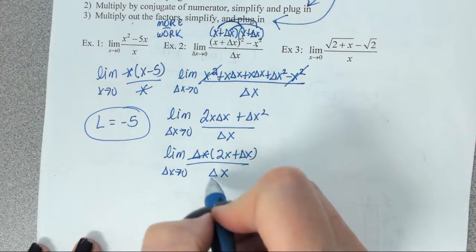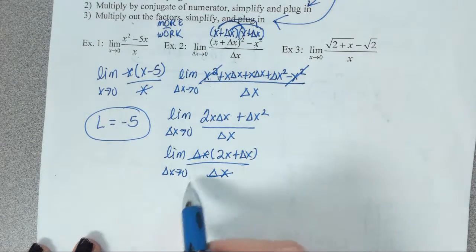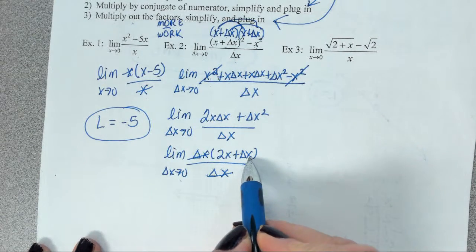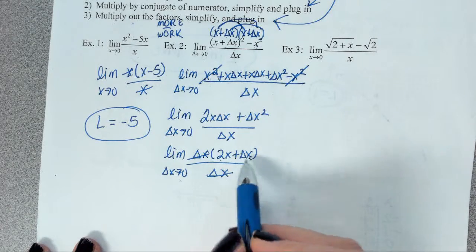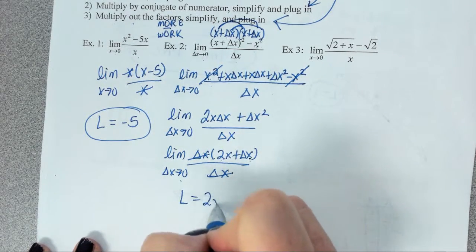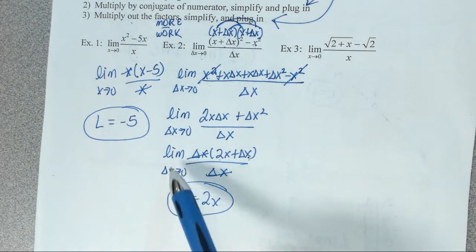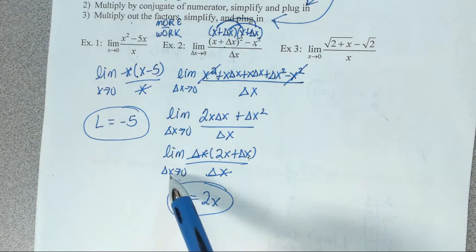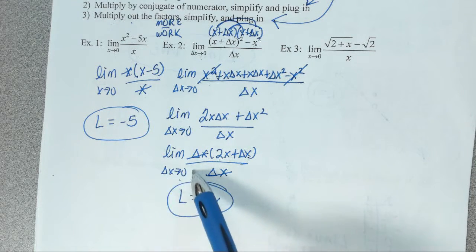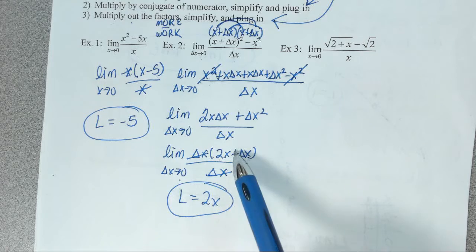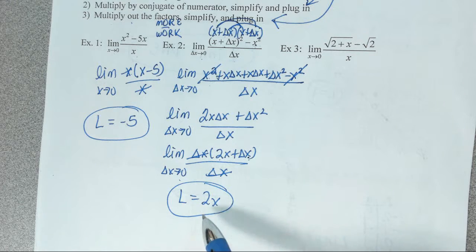And so now our delta x's cancel. And we can finally plug in 0 for delta x. 2x plus 0 is just 2x. See, we always have a limit until we're finally able to plug in whatever this is down here. Once we substitute that in, then we say that is the limit.